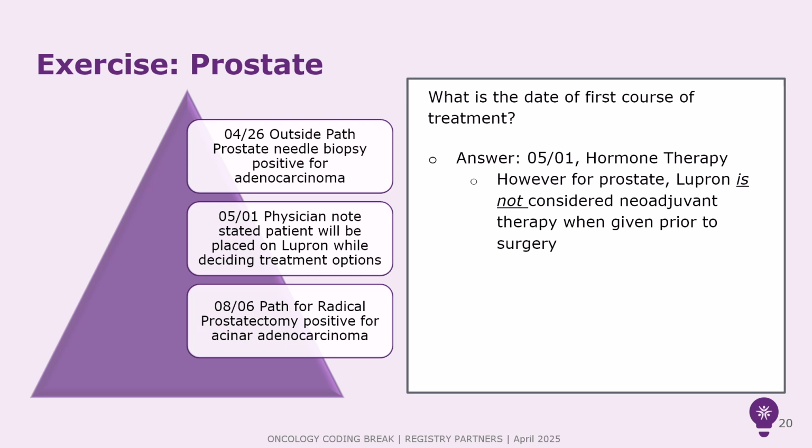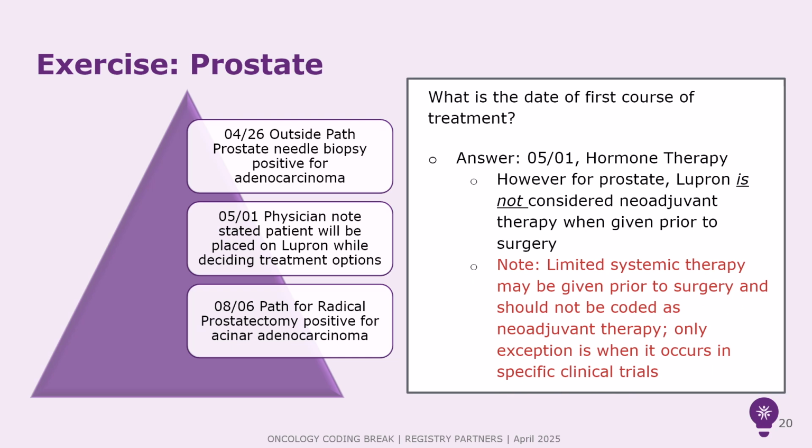However, for prostate, Lupron is not considered neoadjuvant therapy given prior to surgery, so it will affect other fields. Limited systemic therapy may be given prior to surgery and should not be coded as neoadjuvant therapy. There's only one exception, when it occurs in specific clinical trials.